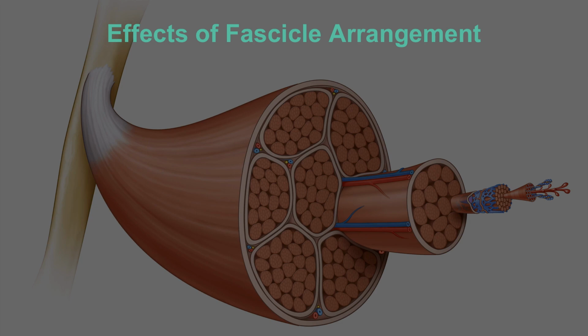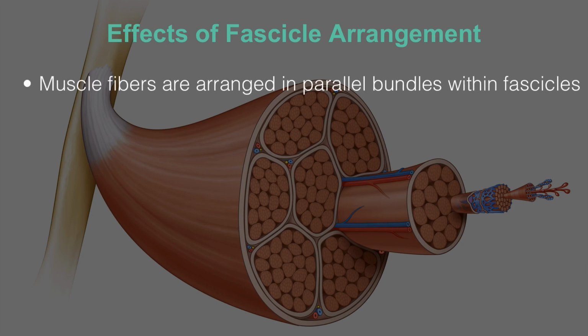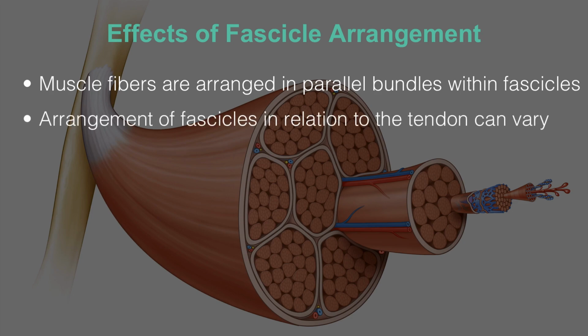So I drew your attention to the triceps versus the latissimus muscles in the example overhead. For any skeletal muscle, fibers are arranged into fascicles, and you can see them joined together here in bundles. And even though fibers are all running in parallel, the fascicles don't necessarily run in parallel.